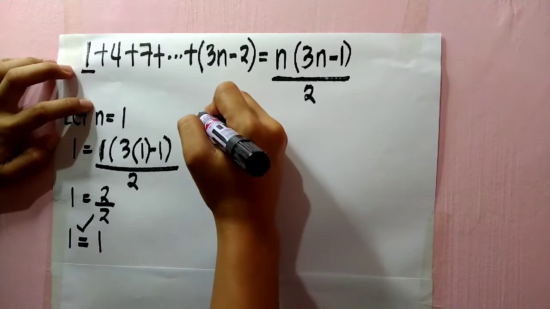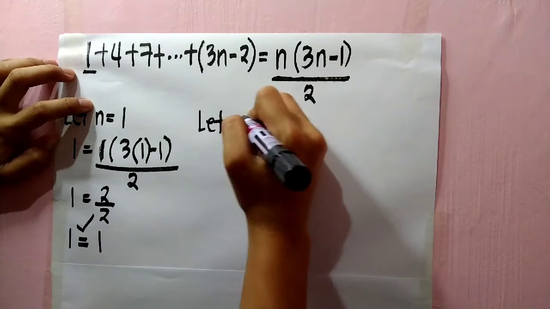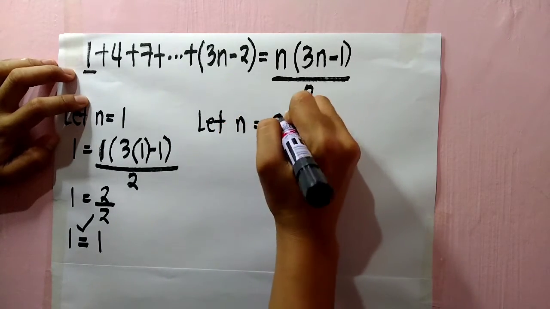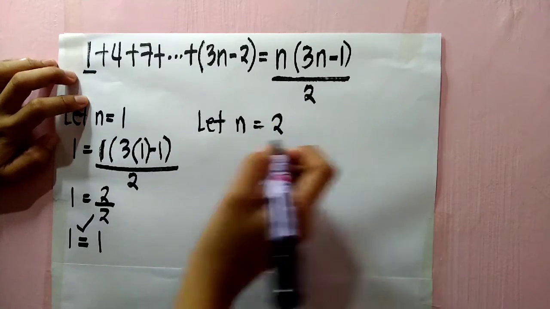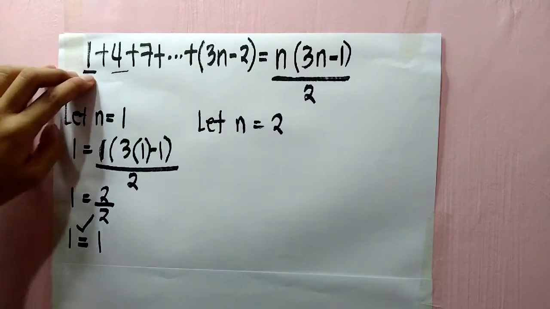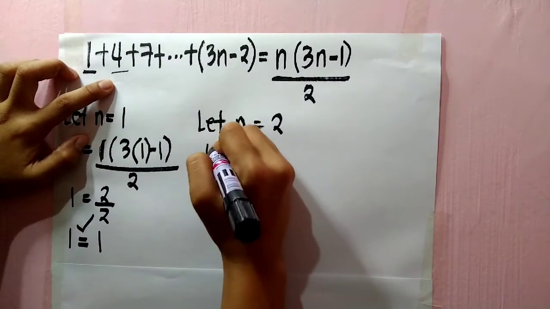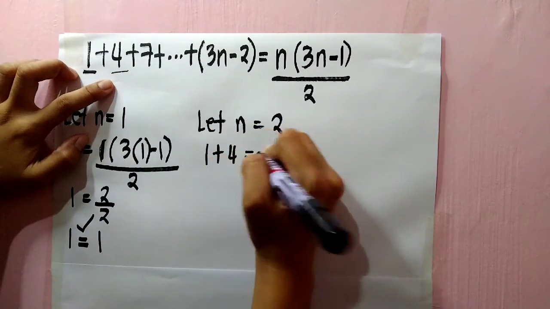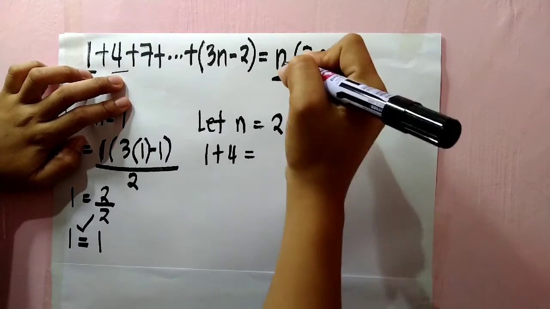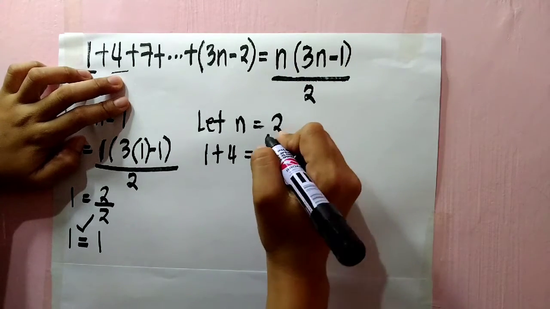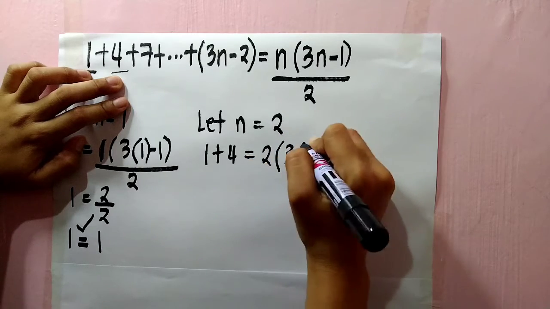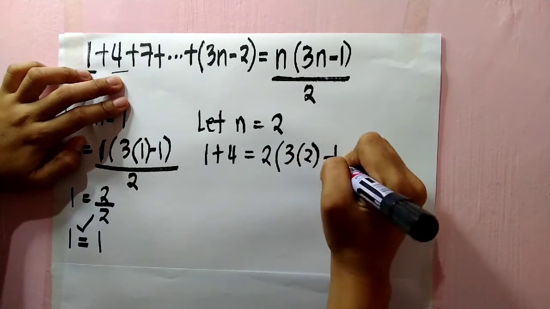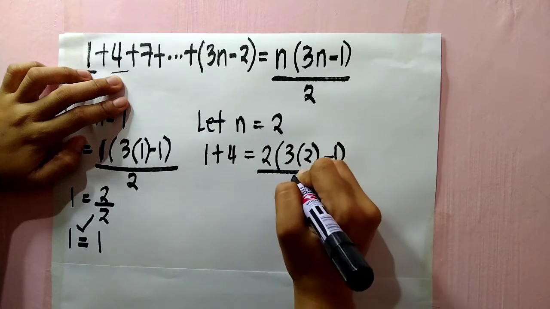So we let another n equal 2. Since it is the second statement, we have the first and second term. So 1 plus 4 for the left hand side, and substitute n by 2 on the right: 2 times 3 times 2 minus 1 over 2.